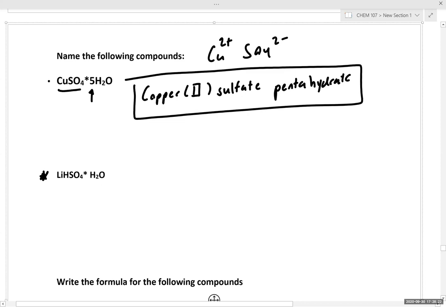And let's try to get a few more responses in the chat before we discuss. And make sure you have the correct prefix if we just have one water molecule.